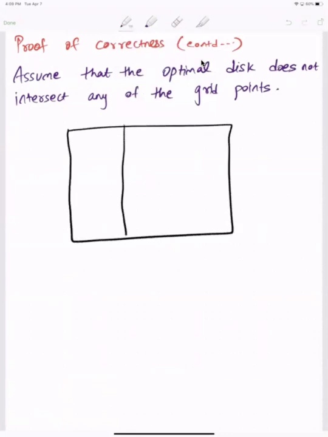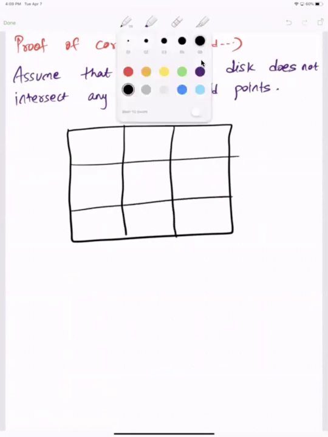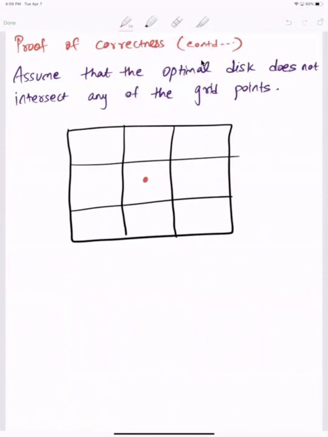Again, I'll not draw the entire grid, just the part that we really need. This is where the center of the optimal disk lies, and the disk will look something like this because it doesn't intersect any of the grid points. This is the optimal disk.